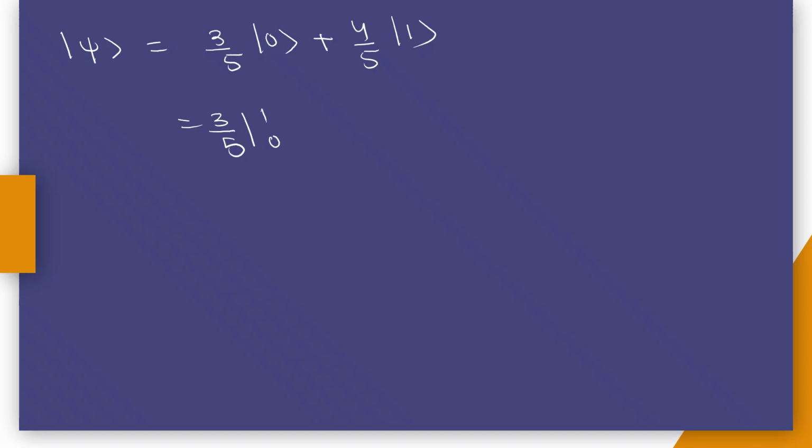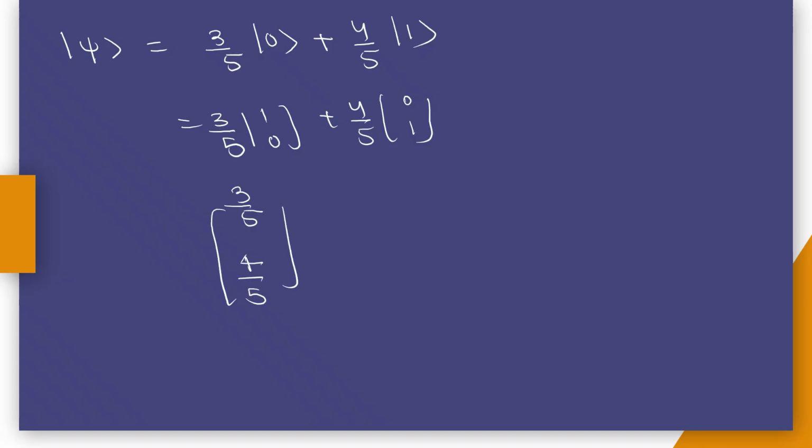Coming to another example, psi equals 3 by 5 state 0 plus 4 by 5 state 1. Similarly, as before, state 0 is 1 0 and state 1 is 0 1. So finally I can write it directly as 3 by 5 and 4 by 5.